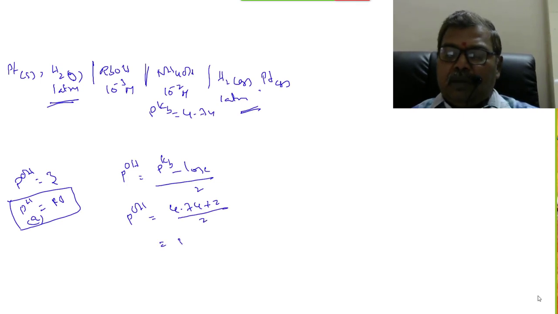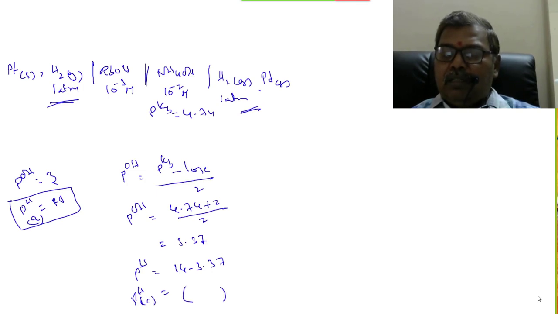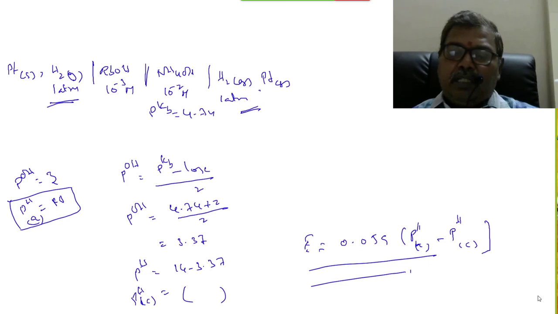So it is 3.37, and pH equal to 14 minus 3.37. So you calculate the pH of the solution in the cathode half cell, and after that use the formula 0.059 into pH of the solution in the anode half cell minus pH of the solution in the cathode half cell. Right?